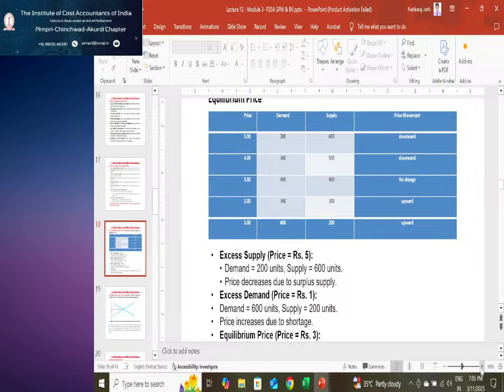So on and so forth. If the price is 4, demand is 300 and supply is 500, it's a downward price movement. If the price is 3, demand is 400 and supply is 400, no change. So the demand and supply in a way are matching, and that typically is the scenario of equilibrium price. We'll see down below the analysis also.